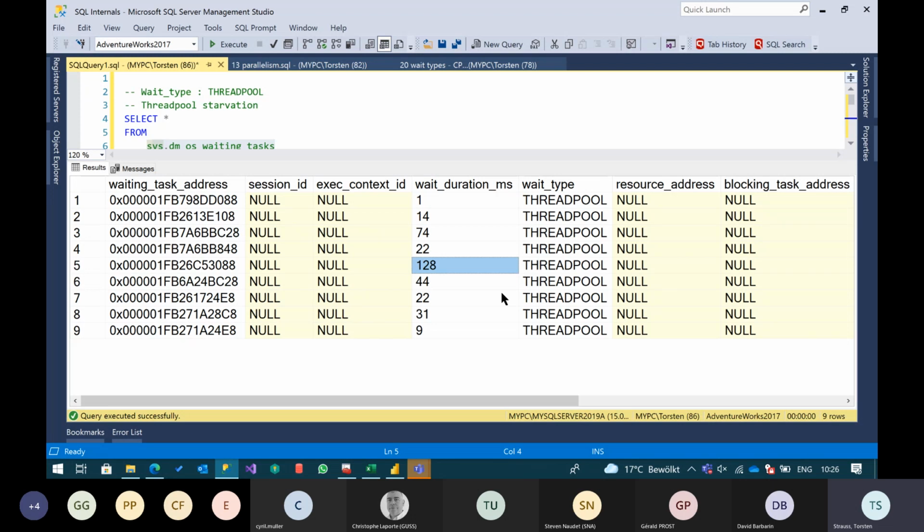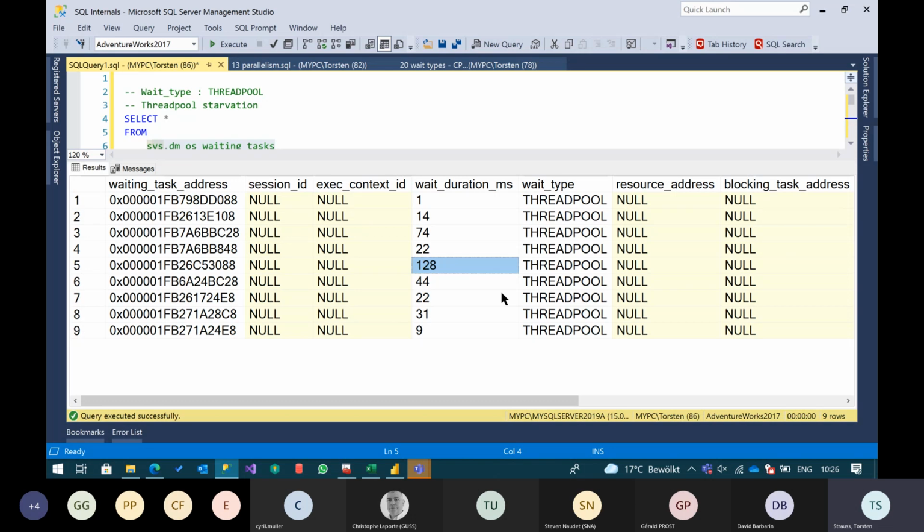Therefore, the elapsed time is increasing over time, not the CPU time, because the CPU time at that moment is still 0. That means when you now try to tune a workload like this, you have a high elapsed time, but less CPU time. And the problem is that the difference between the elapsed time and the CPU time is wait time.